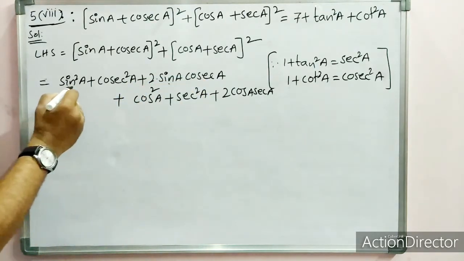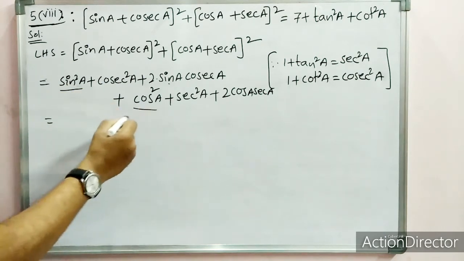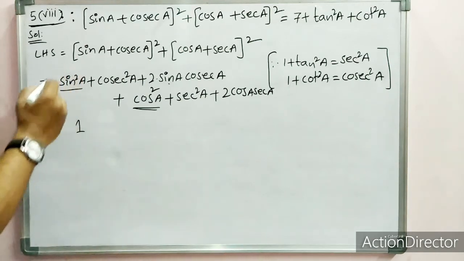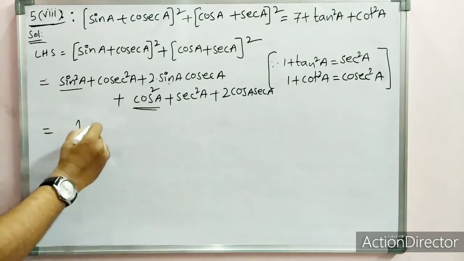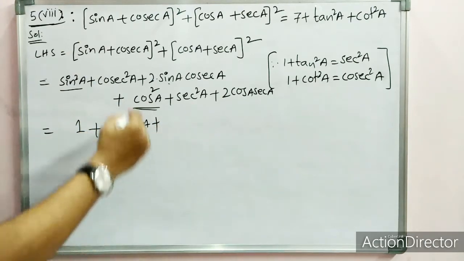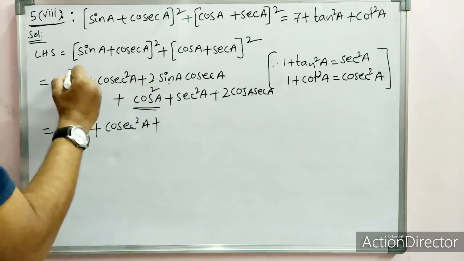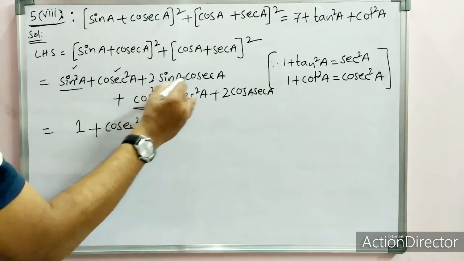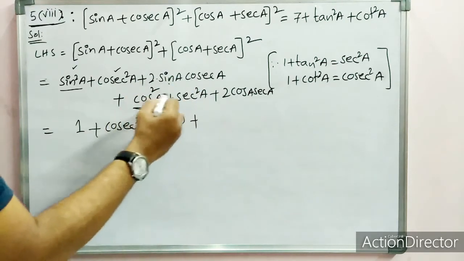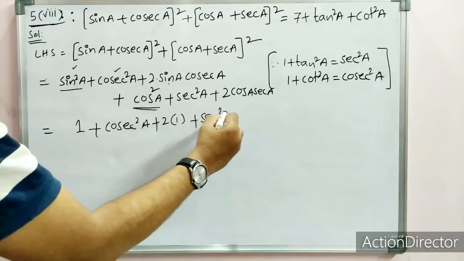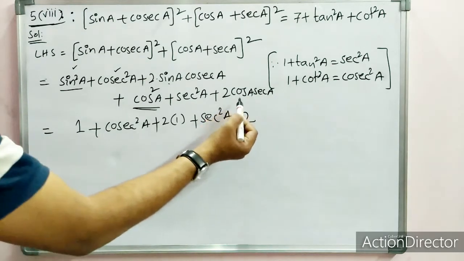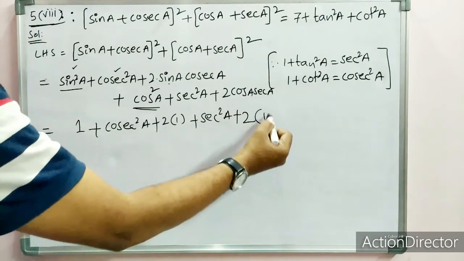So sine square A plus cos square A is 1, by the first identity, plus cosecant square A. Next, 2 sine and cosec is 1, therefore 2 into 1, plus secant square A plus 2 into cos and sec, reciprocals. Therefore cos A into secant A is also 1.